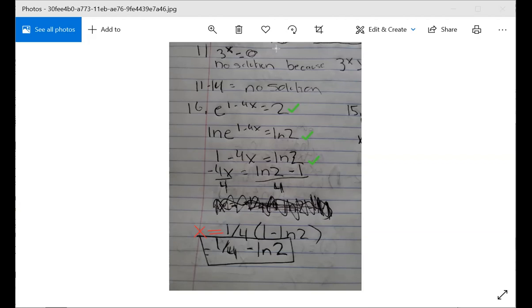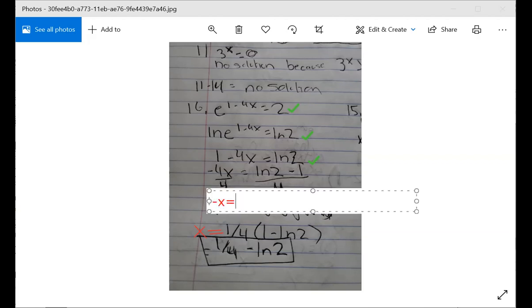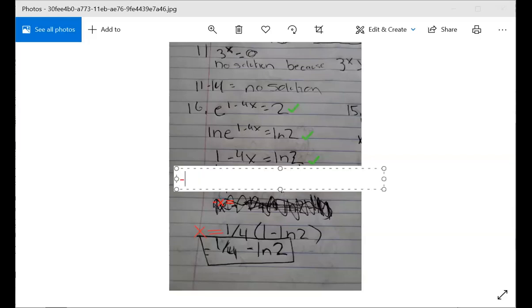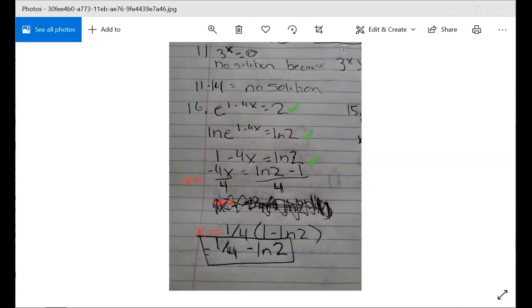Let me insert what he has on the left-hand side: a negative x equals this. That's after he divided by 4. And then he did some switching, so that becomes x equals 1/4 times (1 minus ln 2).